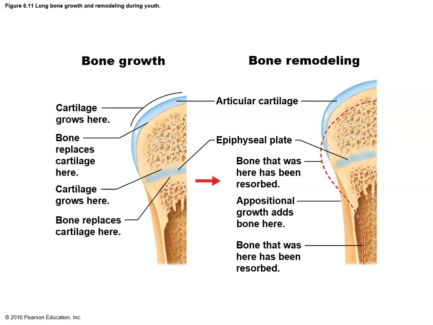So what you have is bone remodeling. What they're showing is that any of the spaces within that red dotted line that don't have bone at the end, but did have before, that bone has been shaved off. It's been removed. So the osteoblasts added the bony tissue to the ends to extend the length.